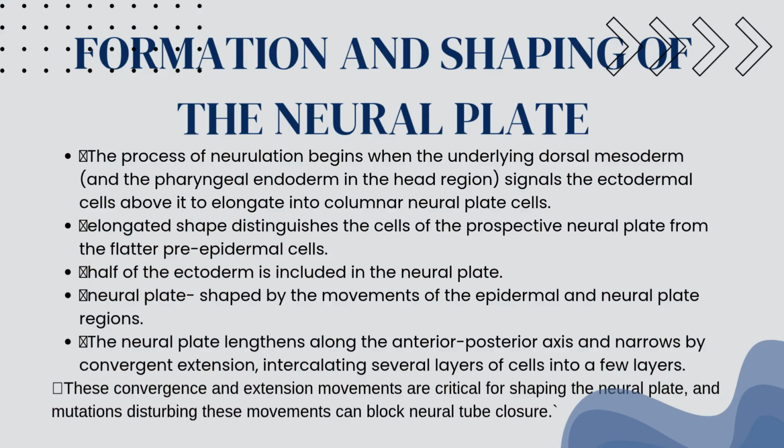The neural plate, shaped by the movement of the epidermal and neural plate regions, lengthens along the anterior-posterior axis and narrows by convergent extension, intercalating several layers of cells into a few layers. These convergence and extension movements are critical for the shaping of the neural plate, and mutations disturbing this movement can block neural tube closure.